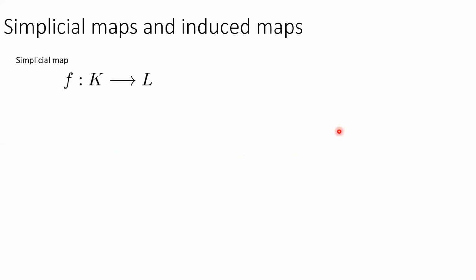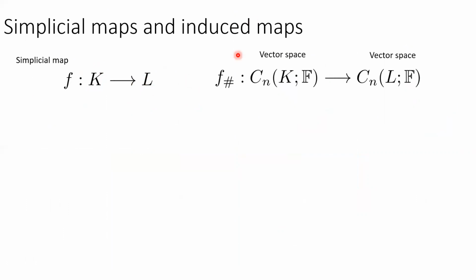So say that you have a simplicial map F from K to L, simplicial complexes K and L. Then, as before, we have that F induces this map F sharp, but now at the level of n-chains. We've defined these before, and we know that this is a vector space, and this is another vector space.